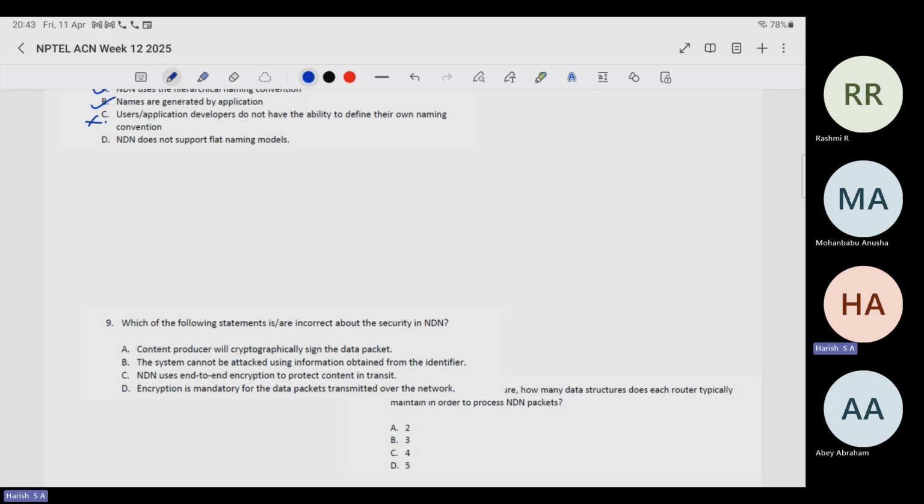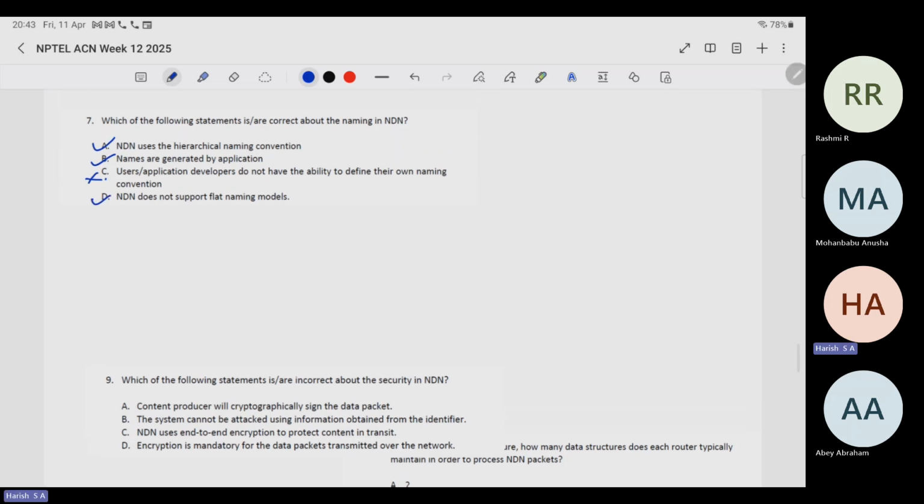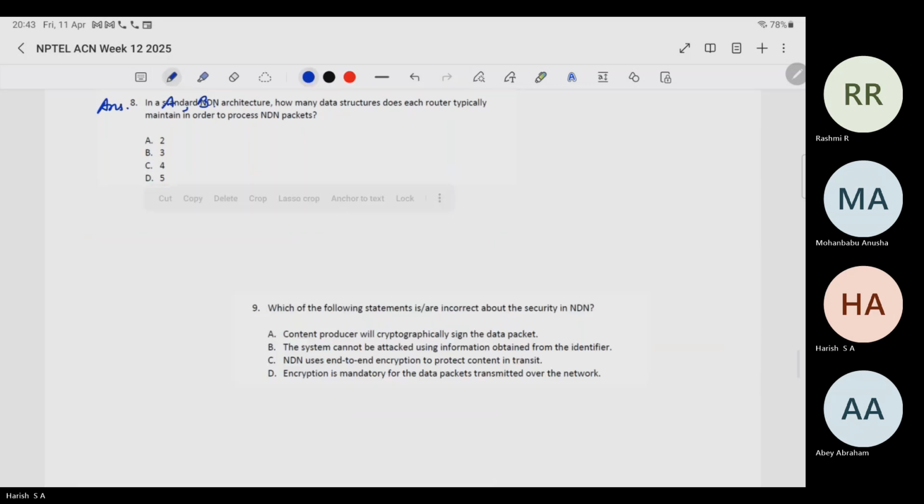So even though the hierarchical model is what is used, it can still use flat naming. There is no problem here. So flat naming can still be used. All right, so the statement is wrong. So which are the correct statements? The answers are A and B. Eighth one.